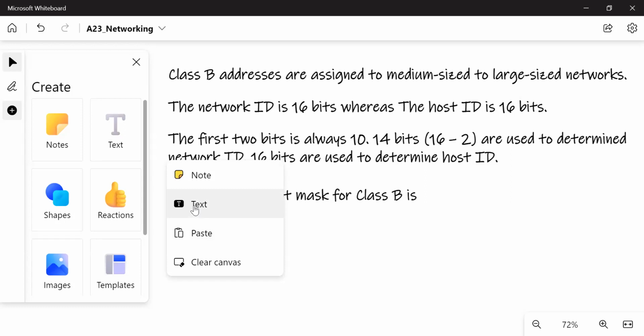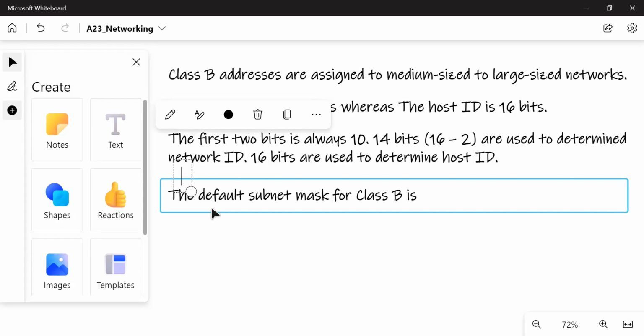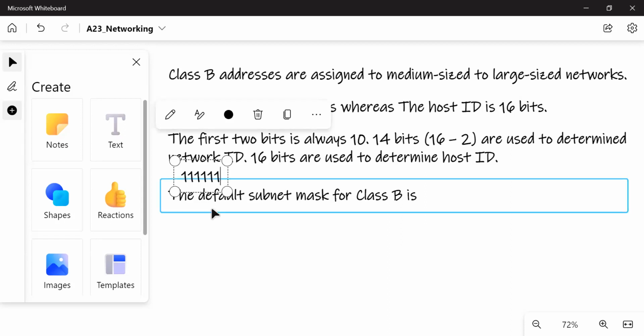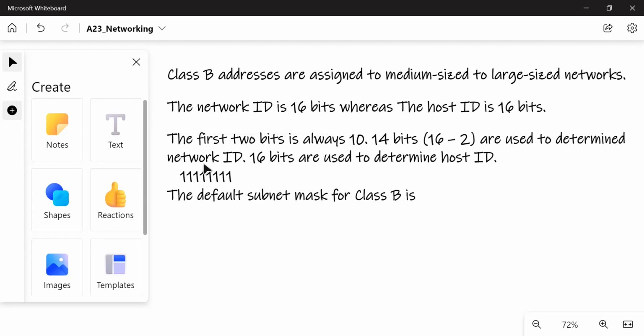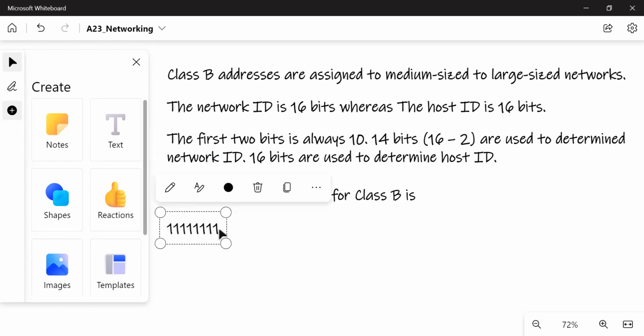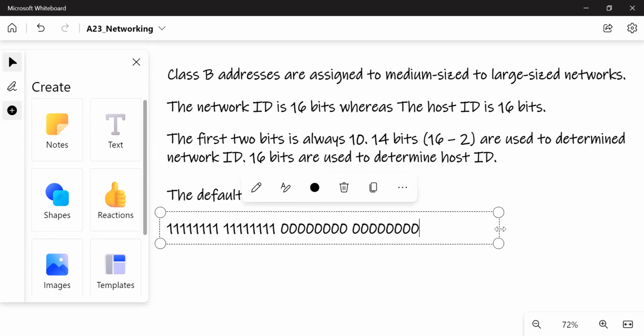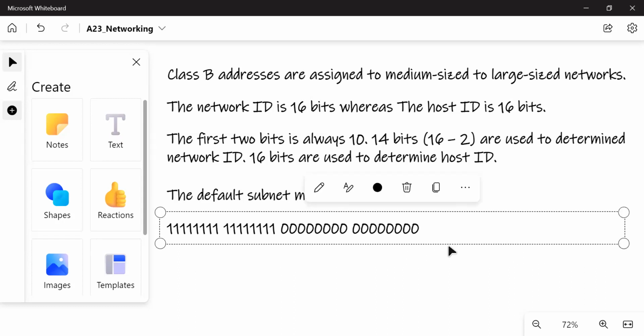That's the idea. So how many ones will we have? We have 16: 8 and another 8. So this is used for the network and the remaining for the host, meaning the computers in the network. This is what we use as a subnet mask.